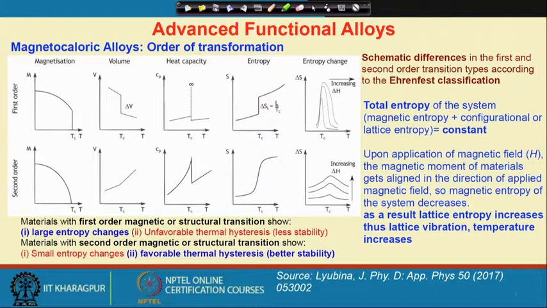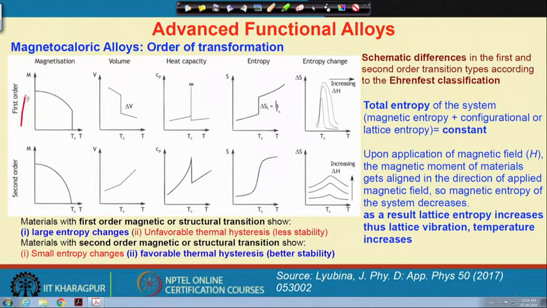In either case, if the order of the transformation is first order, then the typical characteristic is that M, the magnetic moment, changes very sharply. So, it almost comes to 0 at a very definite temperature Tc, and this is a typical characteristic of a first order transition.